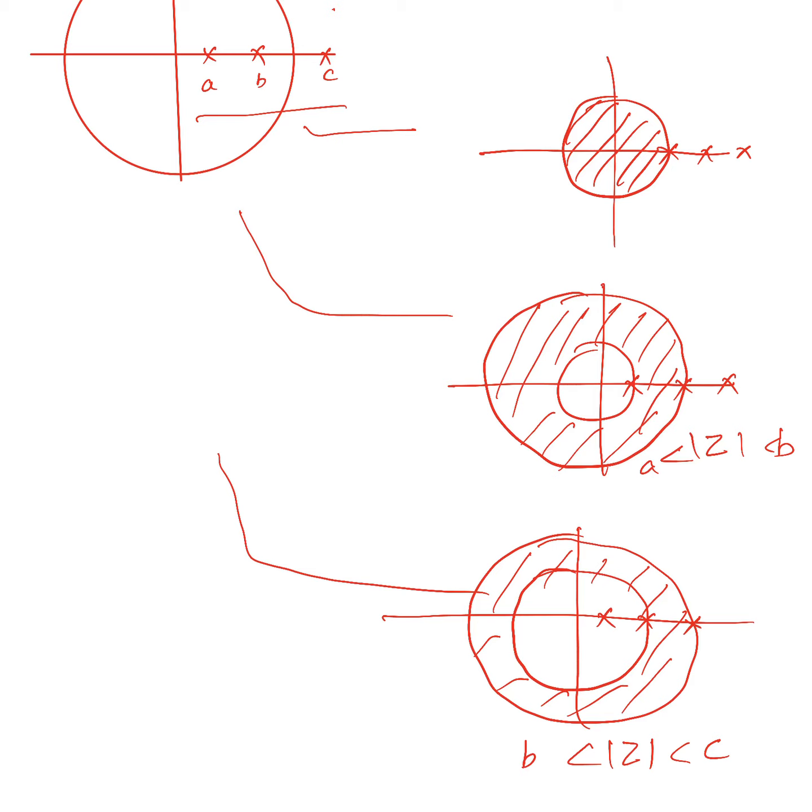So these four cases are possible depending on the location of our poles. So the pole-zero pattern does not completely specify the Z transform of a sequence. The ROC must also be specified. So note this point always.